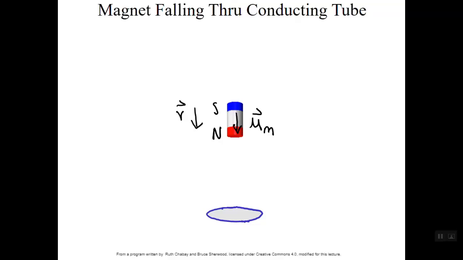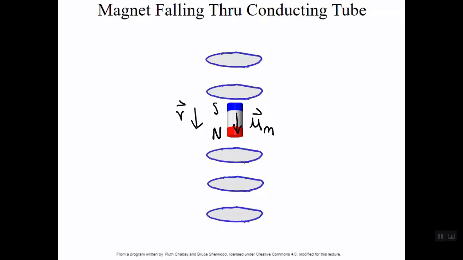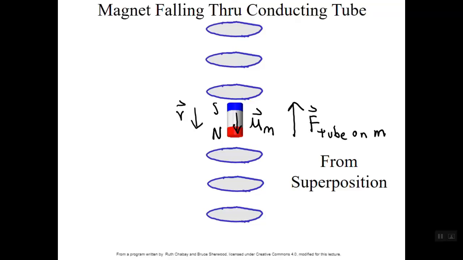Now, to model the tube, we will use several conducting rings, all centered on the dipole axis of the falling magnet. We'll compute the magnetic force of each ring on the magnet and add them up using superposition to get the force of the conducting tube on the magnet.